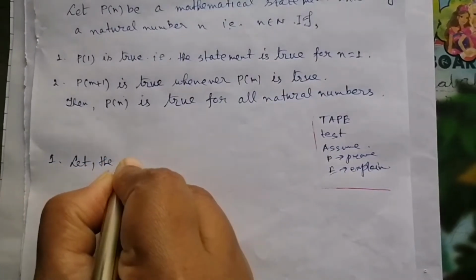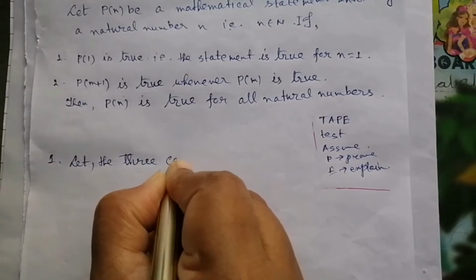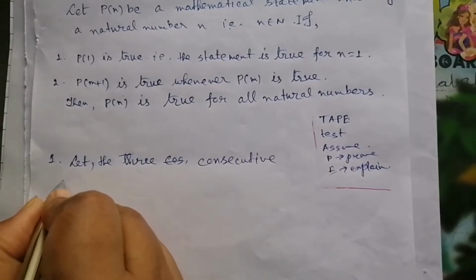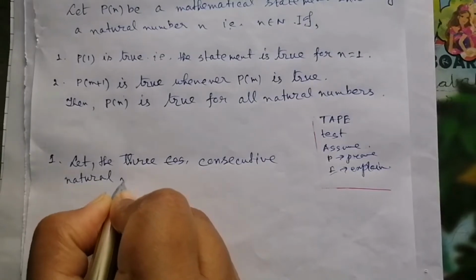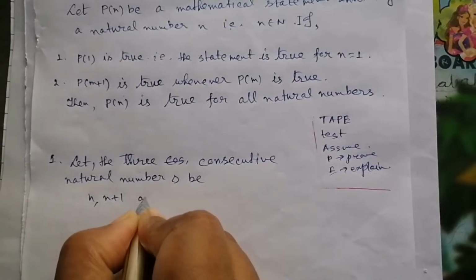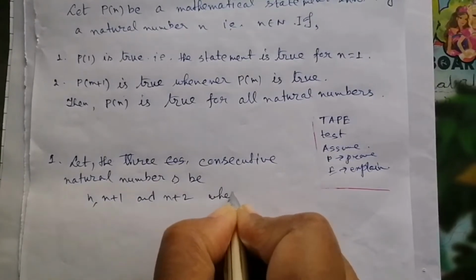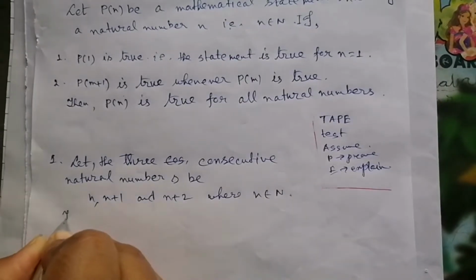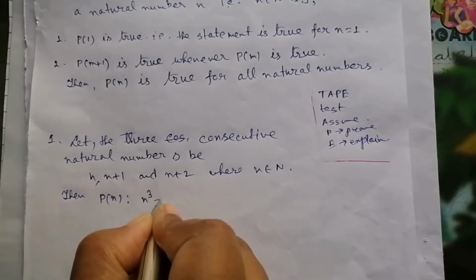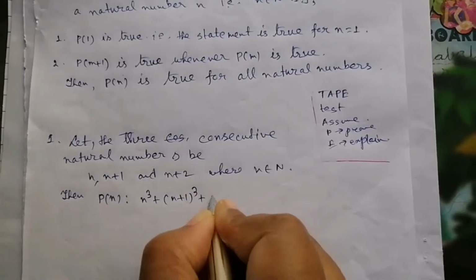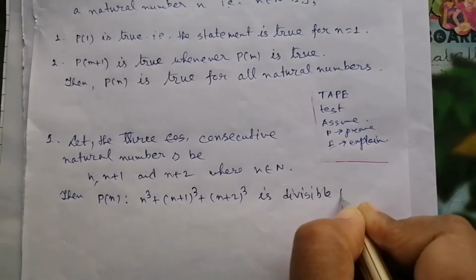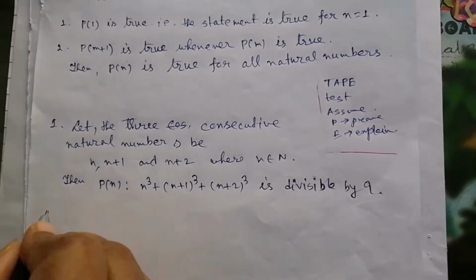Let the 3 consecutive natural numbers be n, n plus 1 and n plus 2, where n belongs to capital N. Then the statement P(n) is: n cube plus (n plus 1) cube plus (n plus 2) cube is divisible by 9.